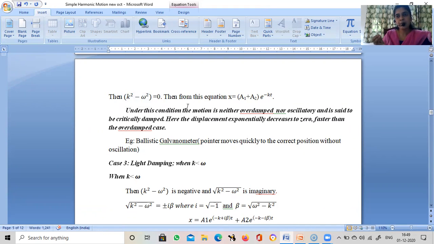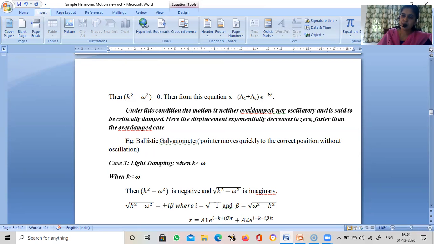So when we put the condition k is equal to omega in the general solution of the differential equation, we have x is equal to a1 e raised to minus k plus 0 into t plus a2 e raised to minus k plus 0 into t. We can take e raised to minus kt as a common factor. So we have x is equal to a1 plus a2 into e raised to minus kt.